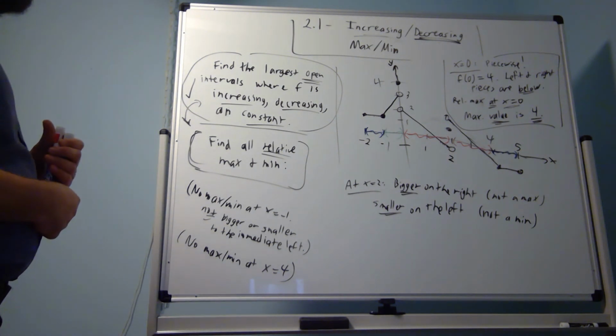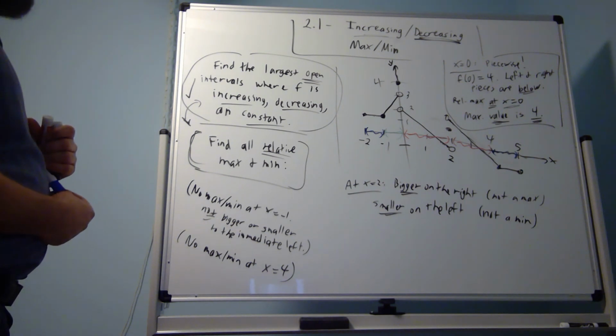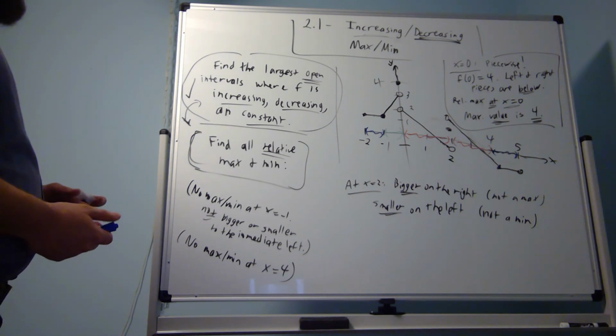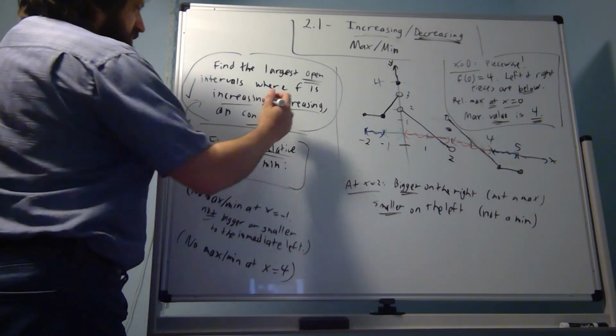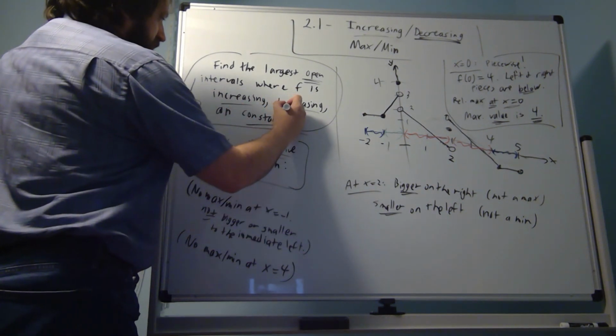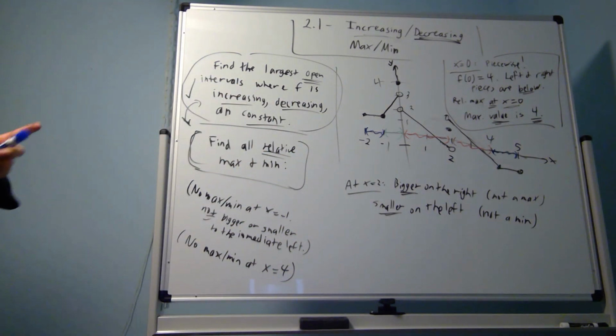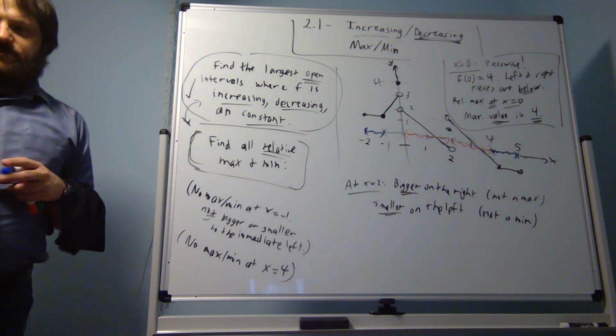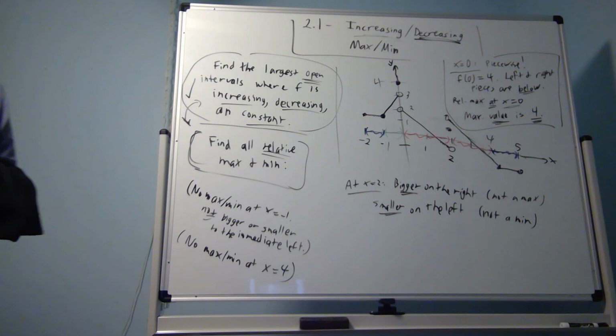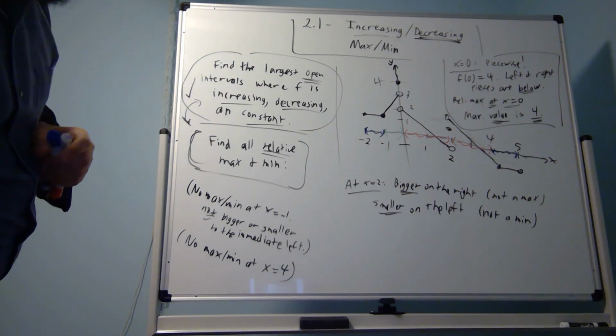I want to make my output as big or as small as possible. How do I do it? Well, we need to understand max and min. These concepts are all related, and so some pretty good stuff. So yeah, that's it.